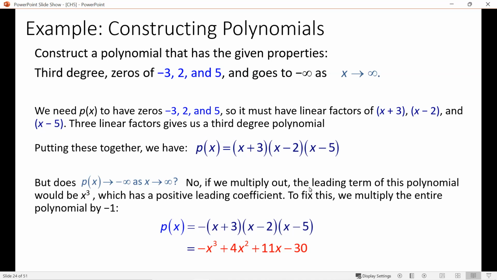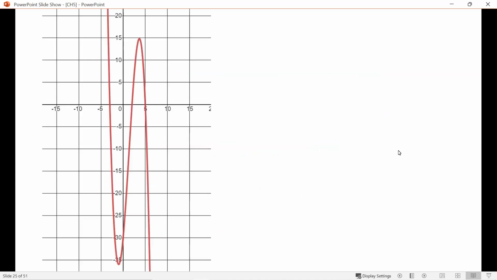And you can see that the end behavior is going to be how we want it, and we're going to have the zeros where we want them. That polynomial looks like this. As x goes to -infinity, y goes to +infinity. As x goes to +infinity, y goes to -infinity, and we have those 3 zeros.